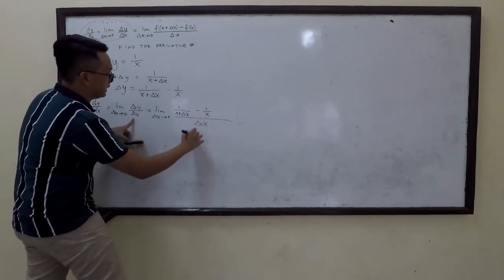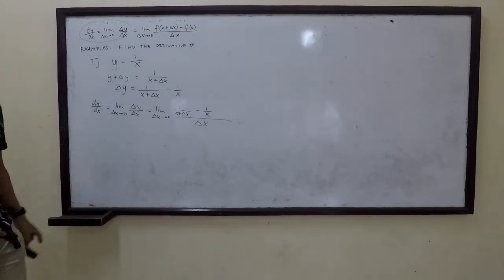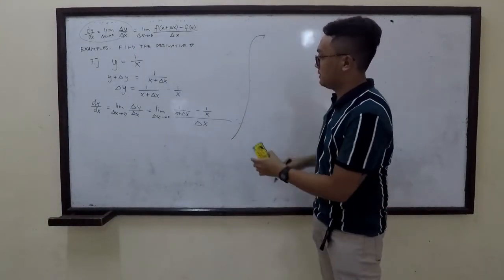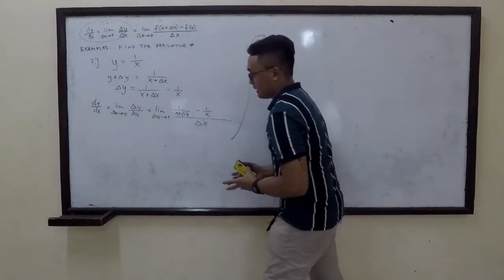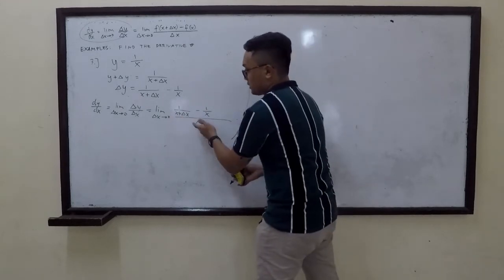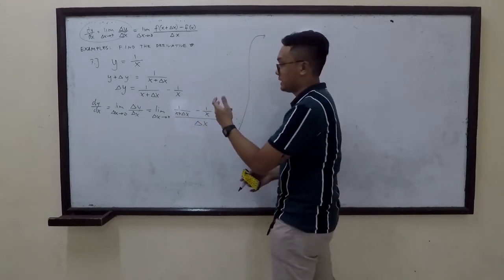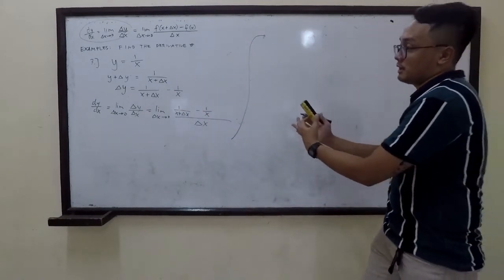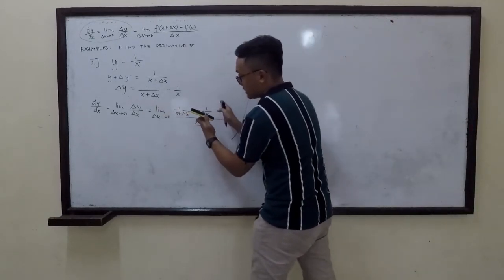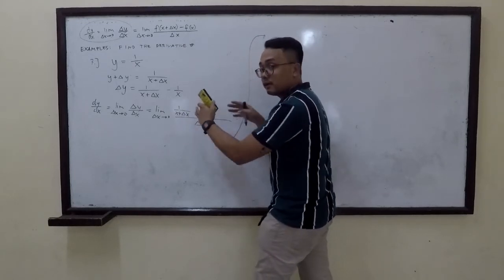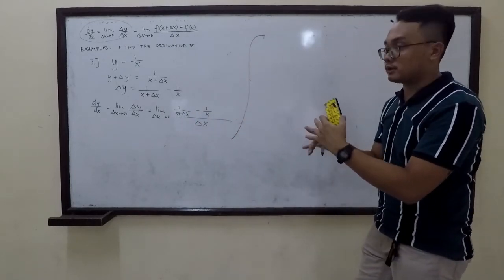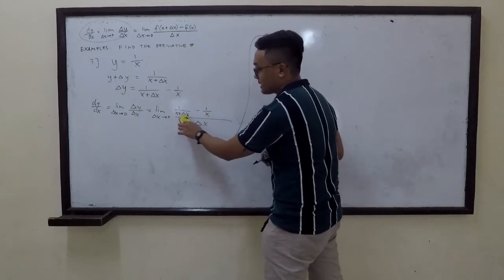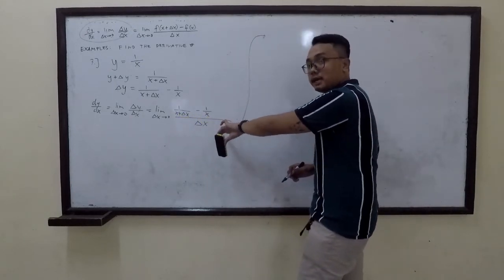So that is the formula. If we substitute 0 directly, automatic, undefined ang answer. Dahil sa taas, fractions na siya, so pwede na siya masubtract gamit ang GCF. So GCF kailangan nito, x plus delta x times x.